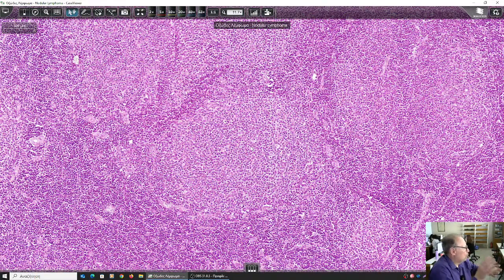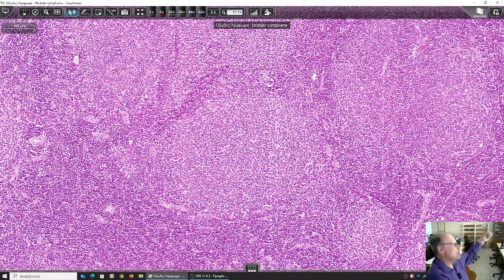Why? Because we look in these follicles and we see no giant cells, no Reed-Sternberg cells, no Hodgkin cells, no Lazarus cells. All right? Okay. So, it is not a Hodgkin lymphoma. It is a non-Hodgkin lymphoma.